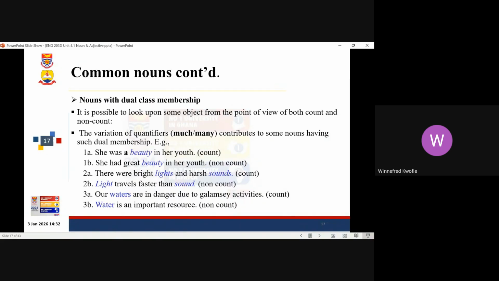Even the sea is in danger because of galamsey activities. Those who live along the coastal lines, when it gets to areas where galamsey activities are dominant, the sea will be changing color. So even the sea is affected. So when you are making reference to different water bodies, then water becomes a count noun.